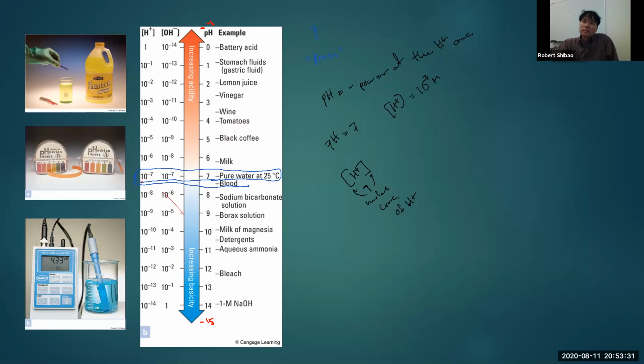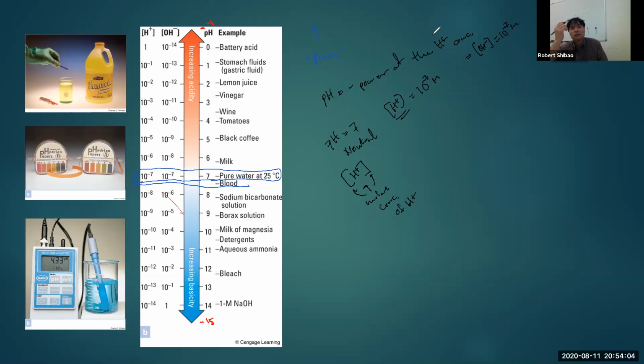That's special because that's pH 7. Now, this is what we call neutral. It's neither acidic nor basic, but it has acid in it. So you're thinking, why is it neutral? The reason is because at this pH, the H plus concentration is equal to the OH minus concentration, which is equal to 10 to the minus 7 molar.